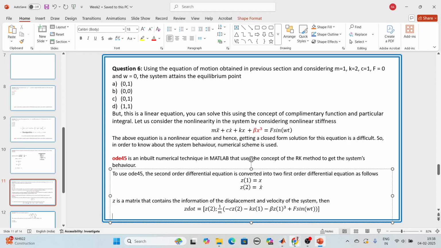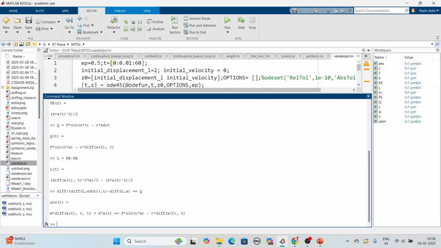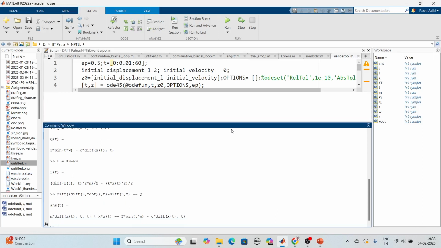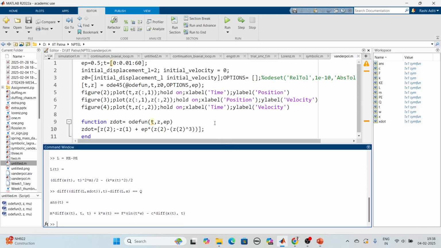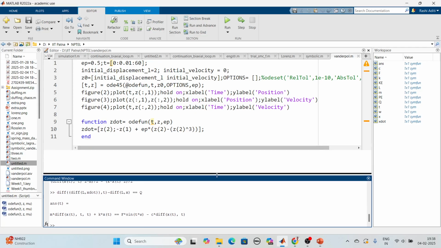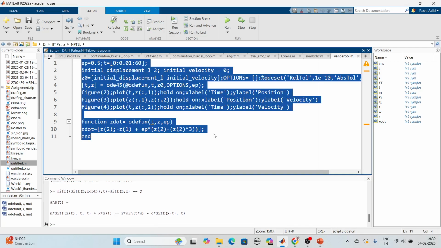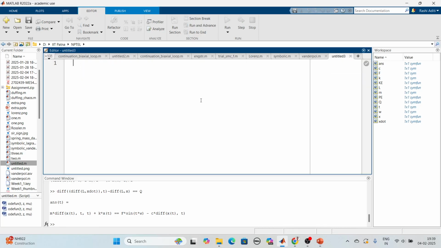So we'll try writing the code. We'll open a new M file.